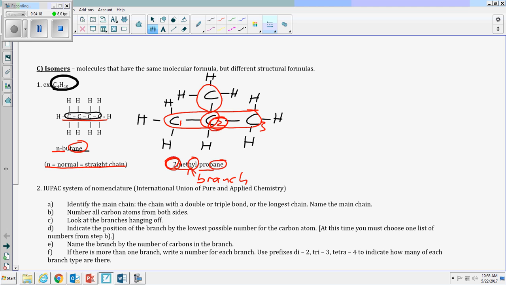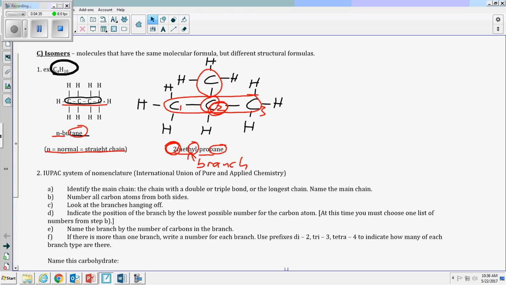Good. Below this, you have a list of rules to help you name a molecule where you have the structural formula given, not just the molecular formula. So let's have a closer look at that with an example.